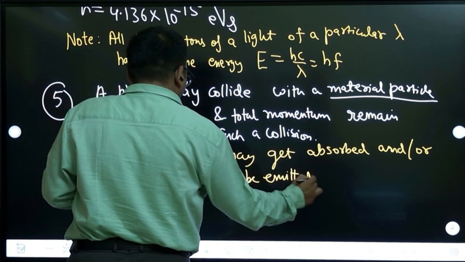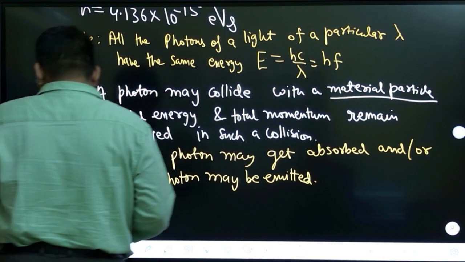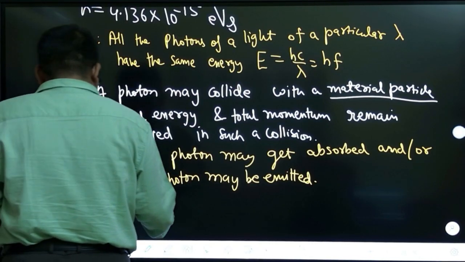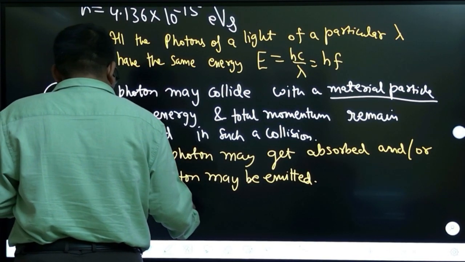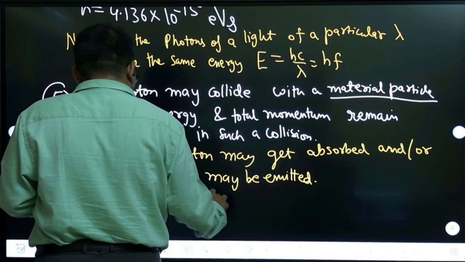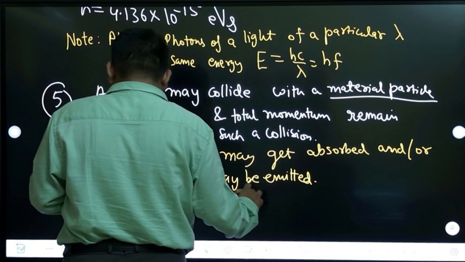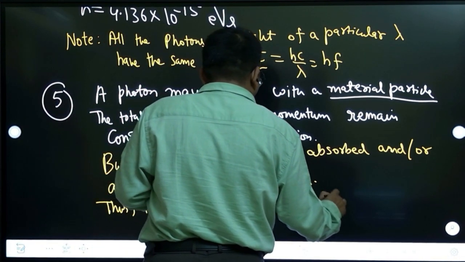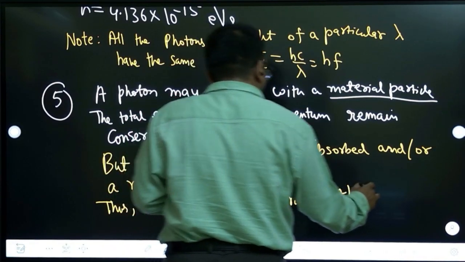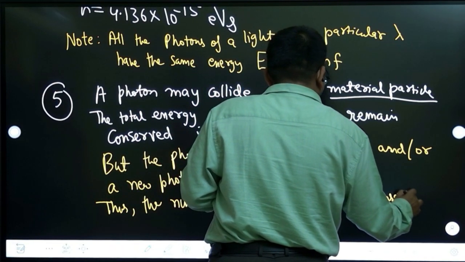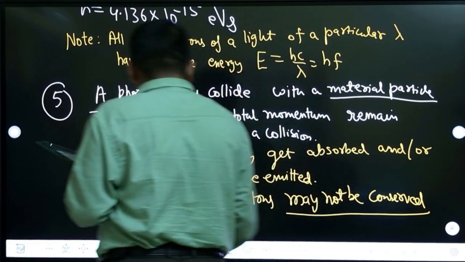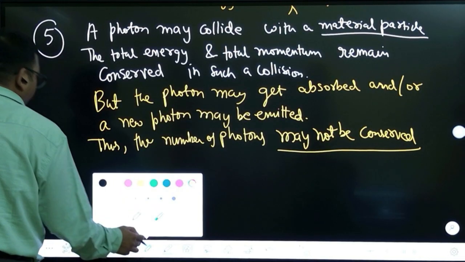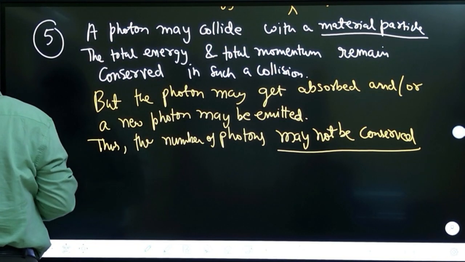So we can clearly say that the number of photons may not be conserved. It may be conserved also, but it may not be. We cannot say for sure about that.